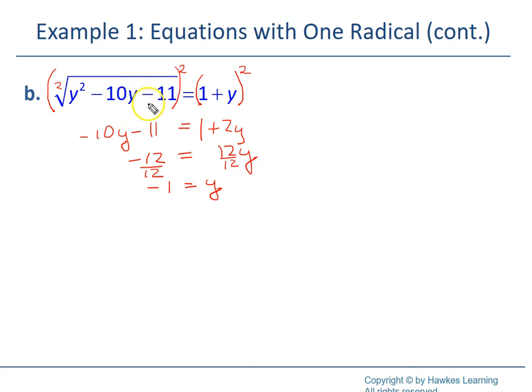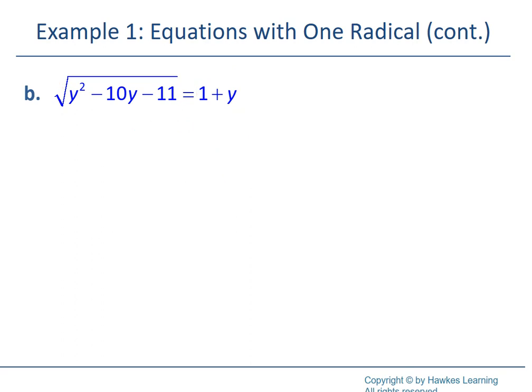Now, even though this looked like a quadratic equation, y to the second, they disappeared. So you're only going to end up with one solution. So y equals negative 1. And our book is going to check it, I'm assuming.